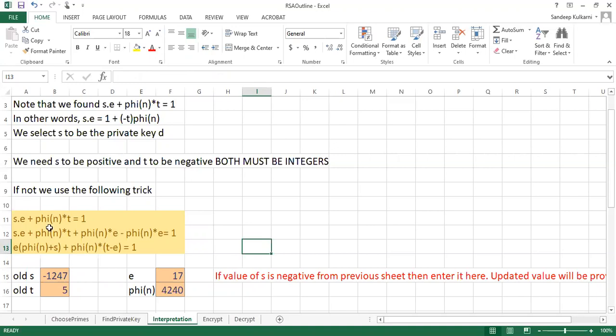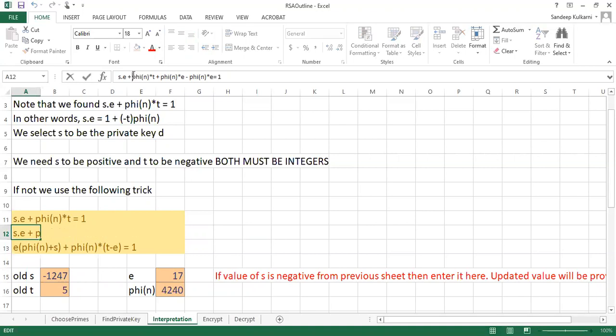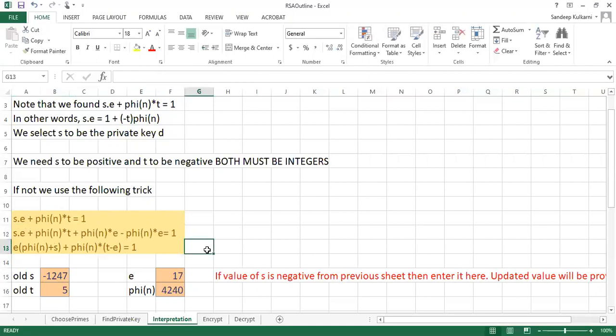I'm going to take the remaining two numbers that I had, which were phi n times T and this number over here, and I'm going to take phi n as a common factor between them. So I got E times phi n plus S plus phi n times T minus E is equal to 1.